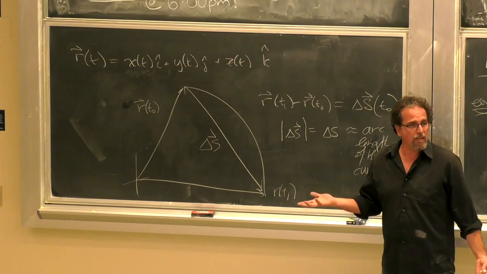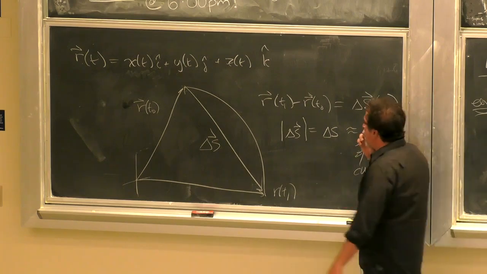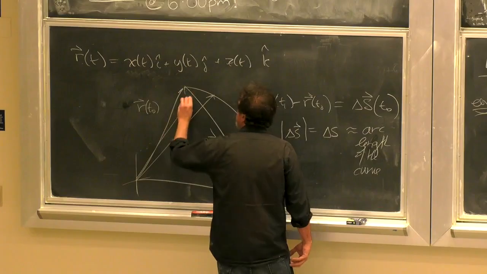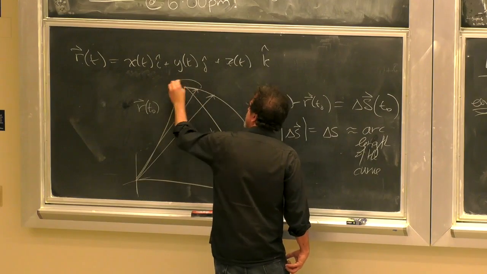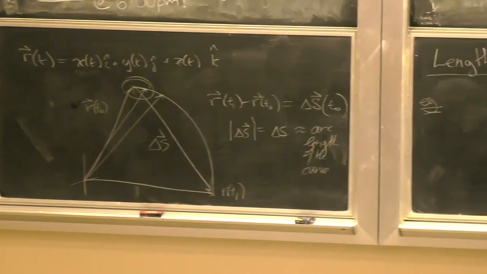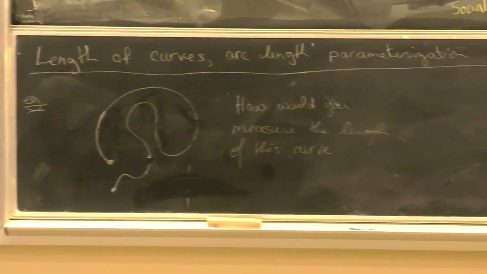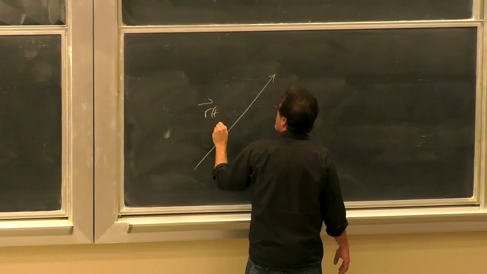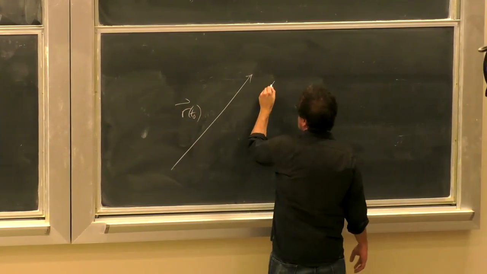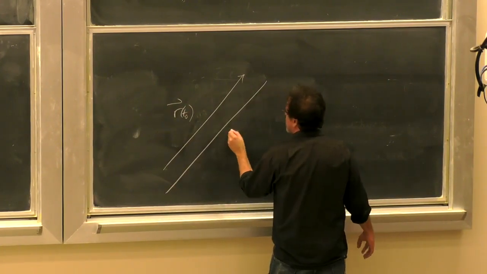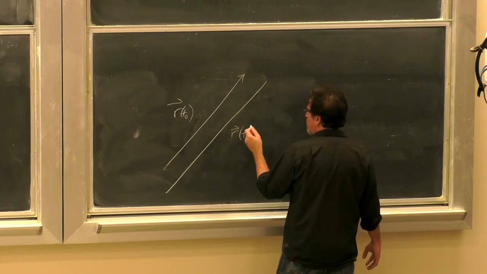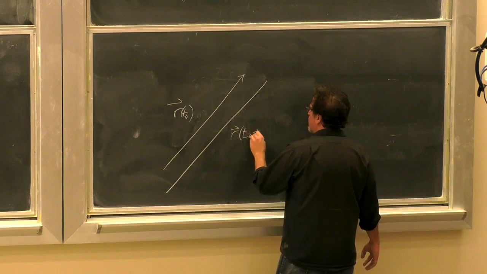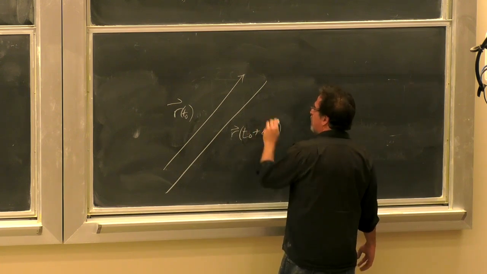When would it equal the arc length of the curve? Well, if I was at another time that was closer, or another time that was even closer, you recognize that as you zoom in to that curve, here is r of t0, and here is a later one, r of t0 plus delta t, slightly farther away.